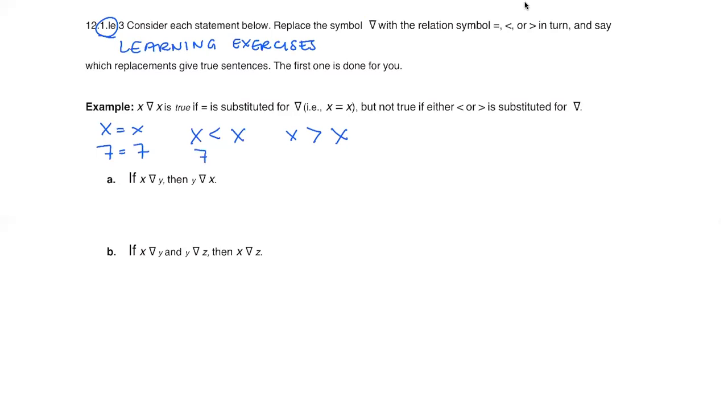But 7 is not less than 7, nor is 7 greater than 7. These last two relations here are not correct. So the only way you can plug in is if x is equal to x, if 7 is equal to 7. Matter of fact, let's go ahead and look at the other examples and see what we need to know.